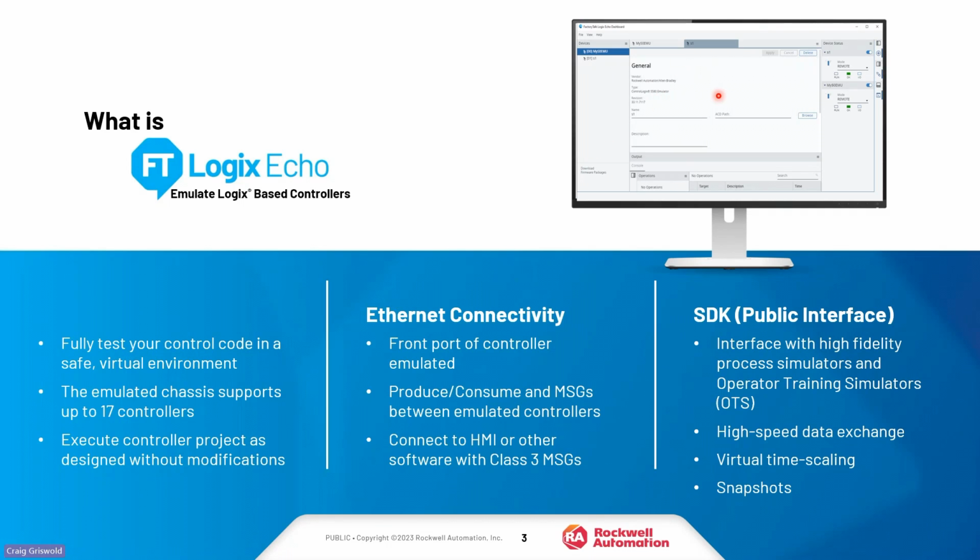The Echo will have the same firmware version, so you can download these firmware versions from our PCDC site, or Product Compatibility and Download Center. Create the controller in the tree here, download to it, and it works as a fully functional controller, with some limitations of not being able to control I/O. Obviously, it is not a soft controller.